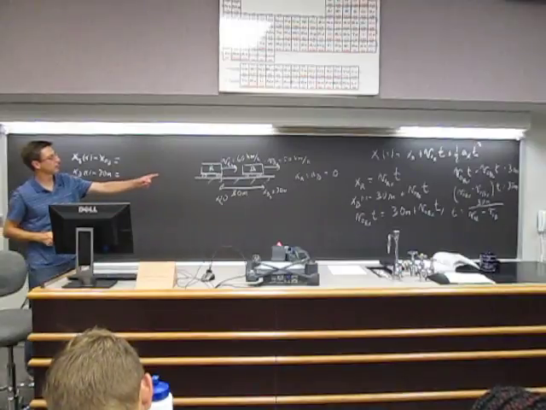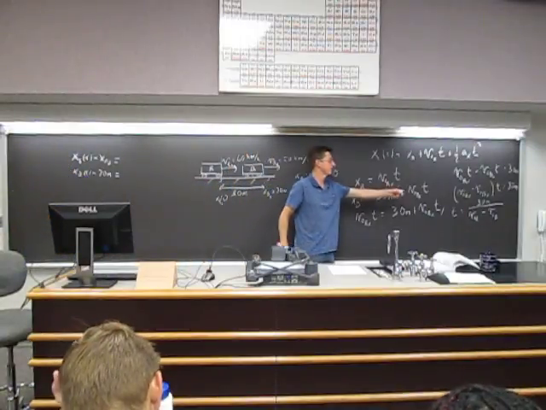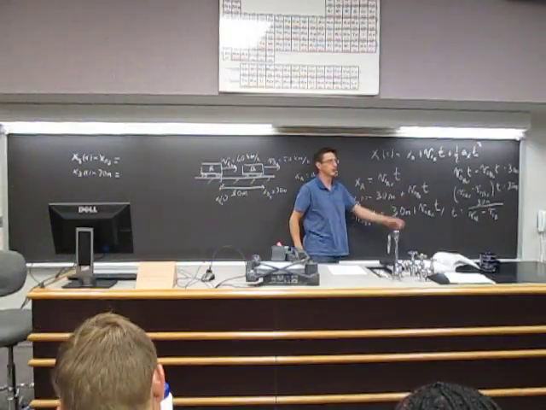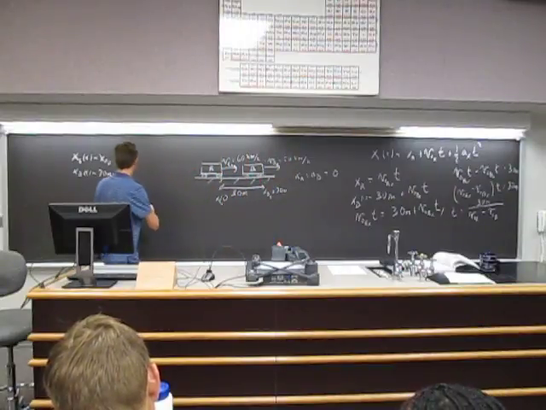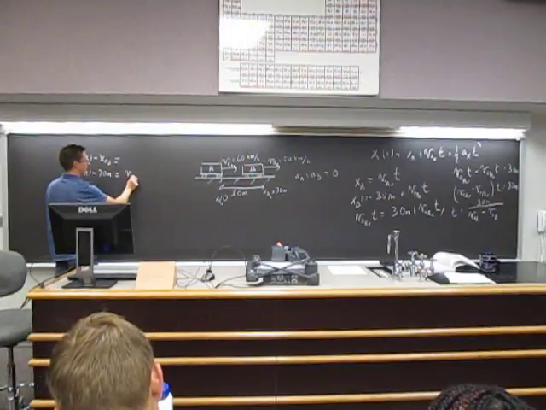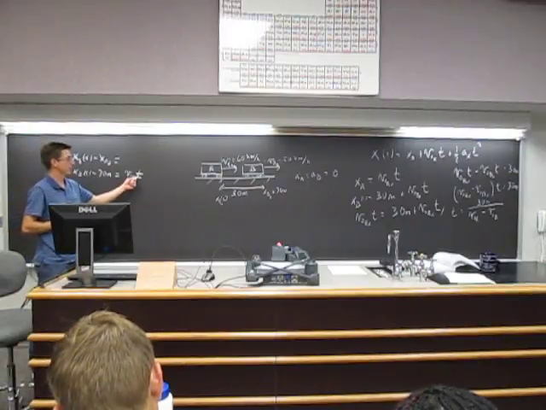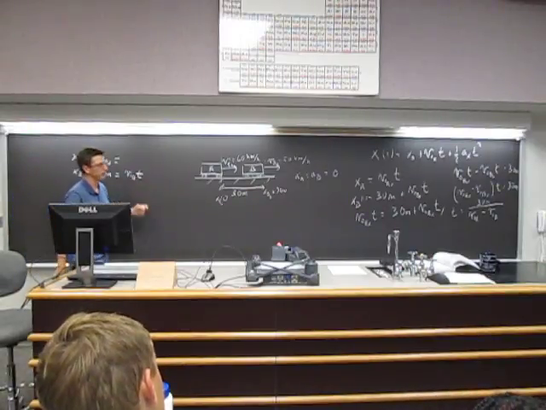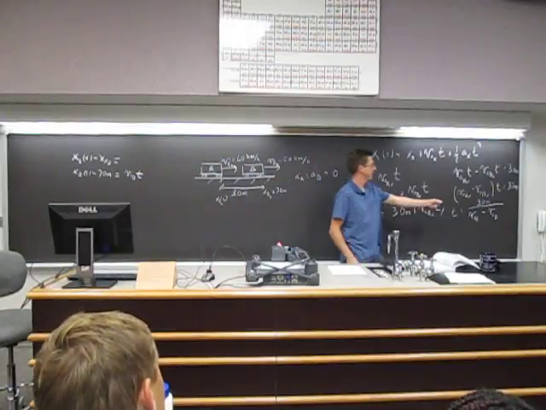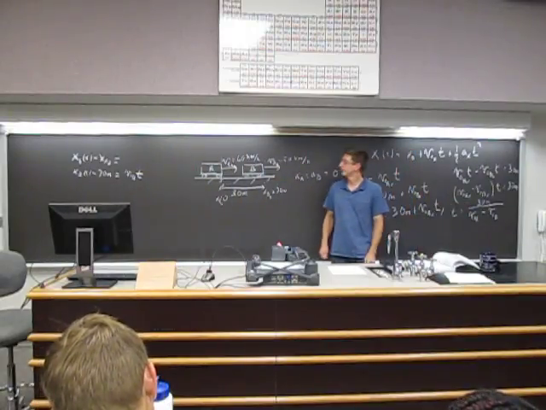And we see from this equation that it's just the velocity of the blue car times the time. Well, the time that we're talking about is the time for the overtaking, which was just this time. So I can plug that in.